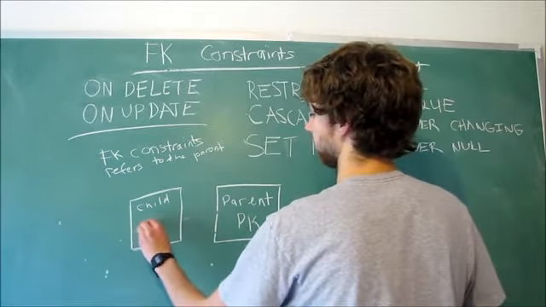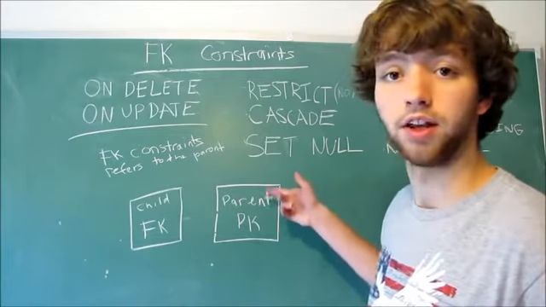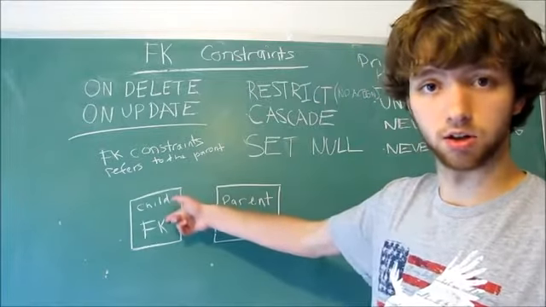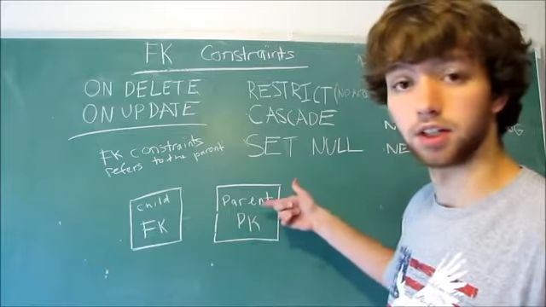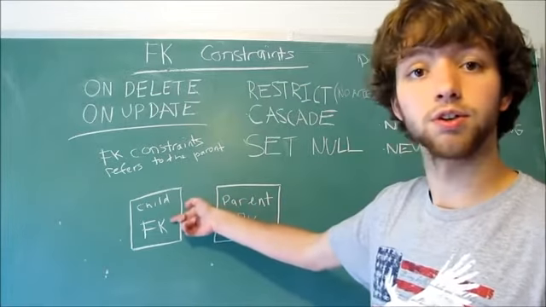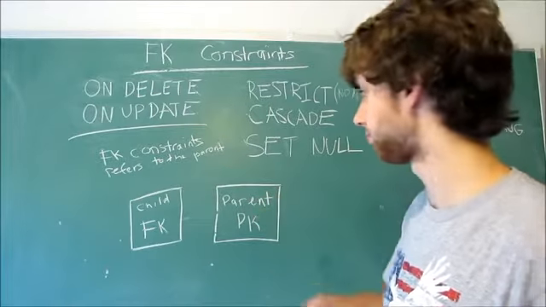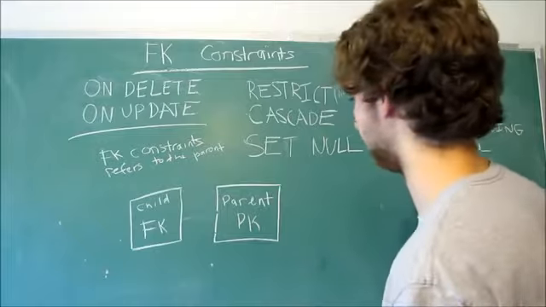And then we have a foreign key. This primary key is a column within the parent, and every single row has a unique value. The foreign key is a column within the child, and it references the primary key. So the value 400 in a row could reference the value 400 in a row of this table. You get it. I've explained it enough.